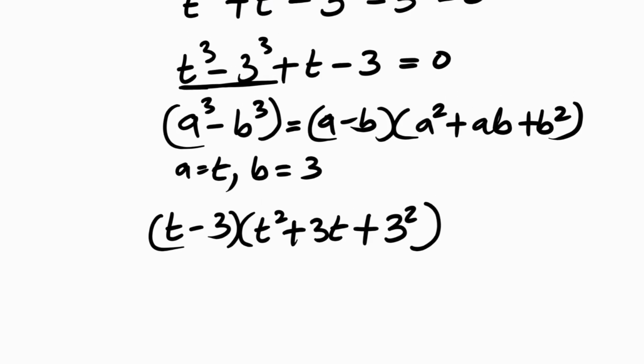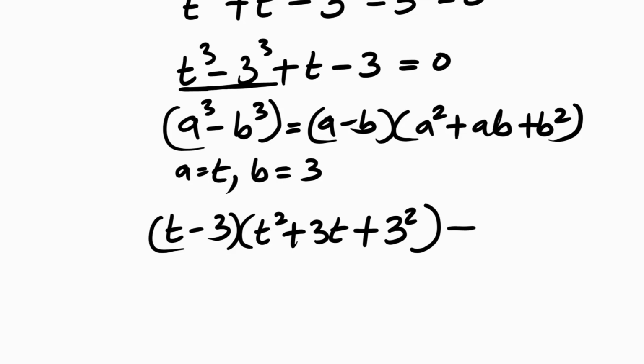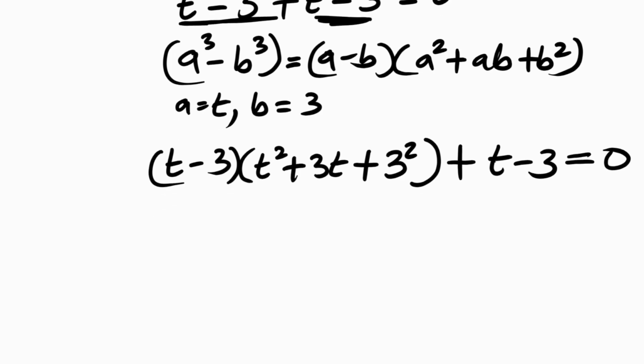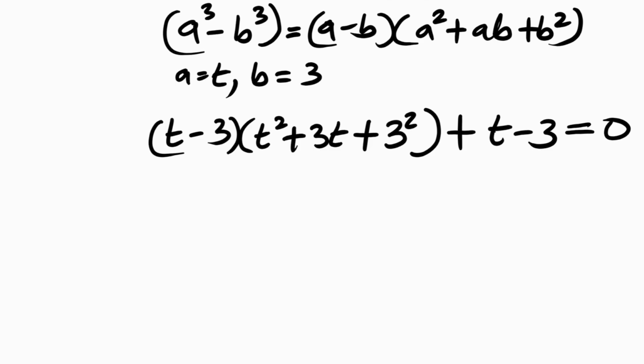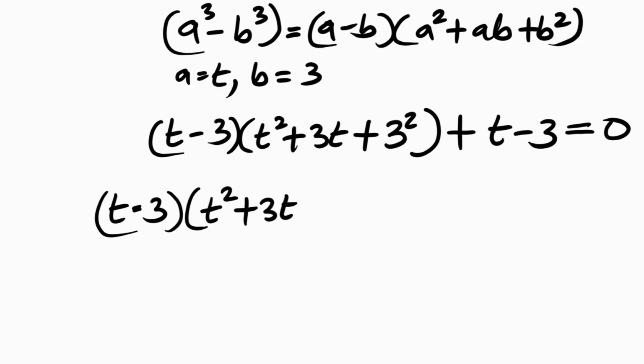Then plus t minus 3, this one that we have there. Everything equals 0. So now we have t minus 3 into t squared plus 3t plus 9, plus t minus 3 equals 0.